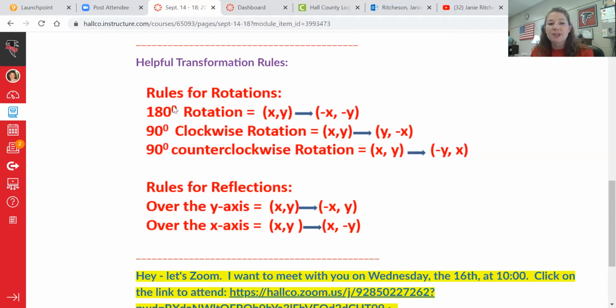Once I turn it 180 degrees, whatever my coordinates were, I'm going to make them both the opposite sign. So if my first point was at 1, 2, and I rotated 180 degrees, my new coordinate is then -1, -2. If this is point A, this will be A prime, and we would find it in the third quadrant.